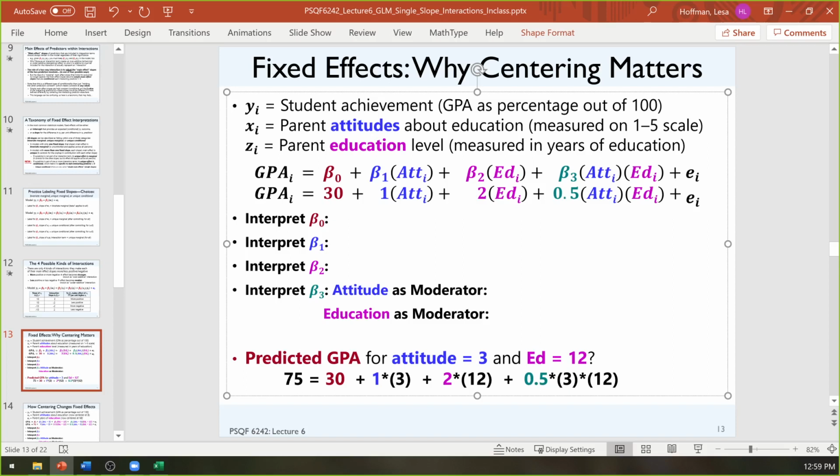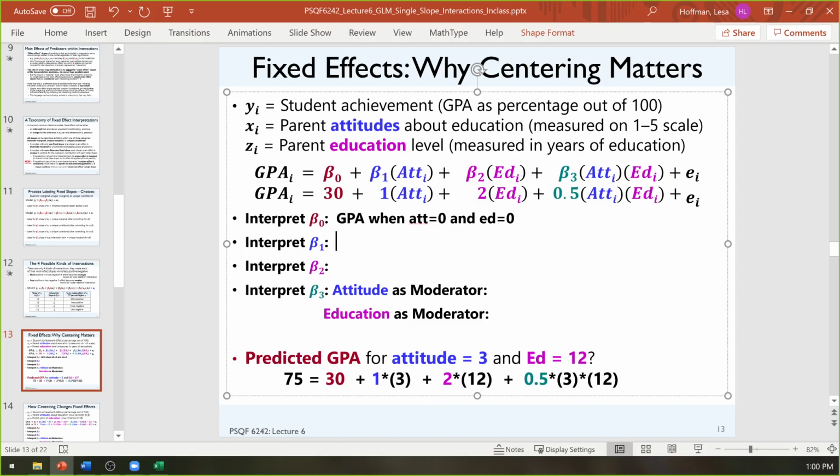The GPA score when the attitude level is... Not GPA. We're interpreting a slope, right? So slopes are always some form of the change in y for a 1 unit change in x. So the change in GPA for a 1 unit change in attitude when education is held constant.